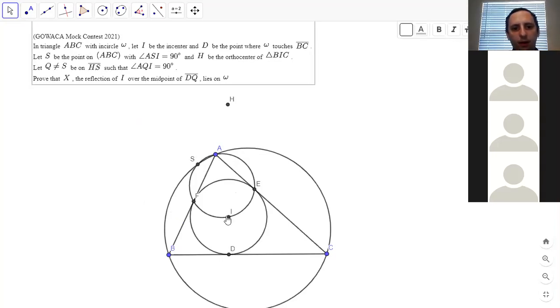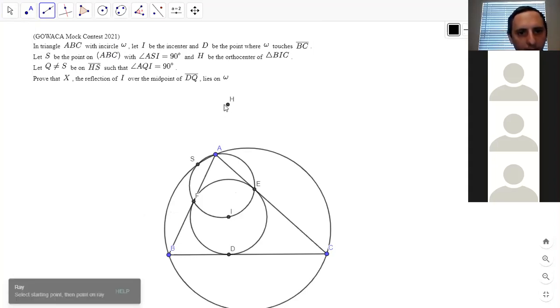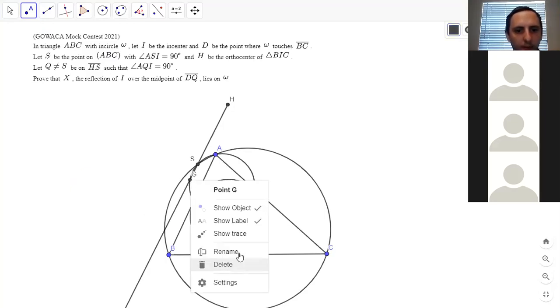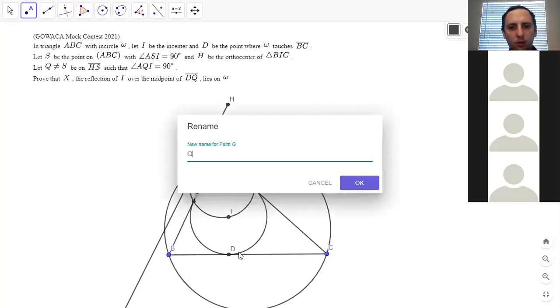So another way to say that is I is the orthocenter of HBC. So AQI, it's where it meets this circle, right? So this would be point Q.